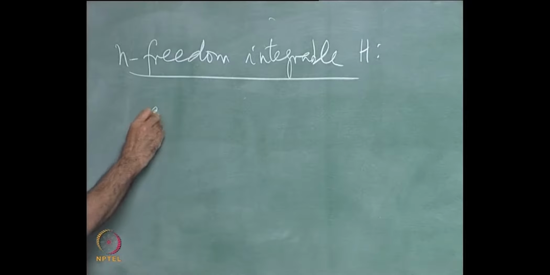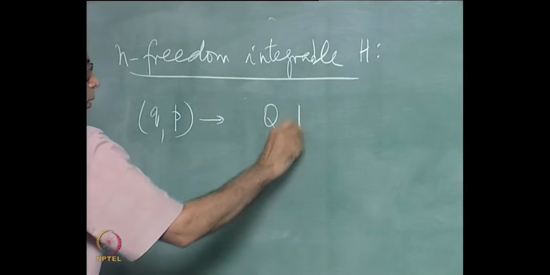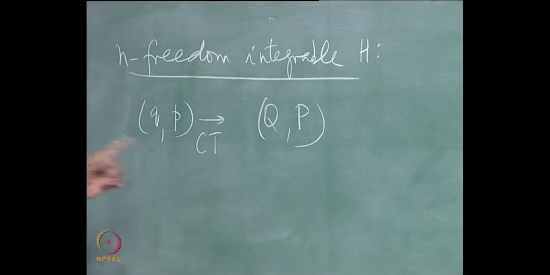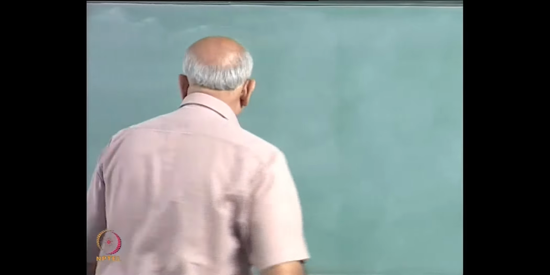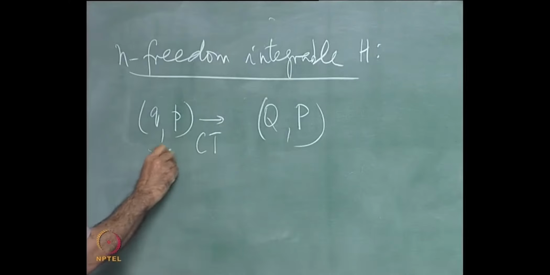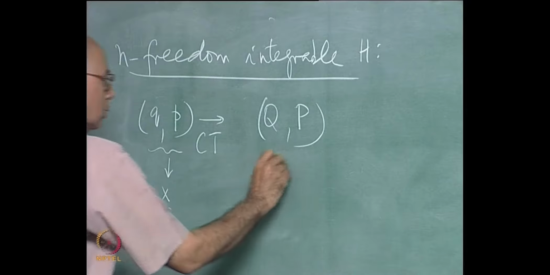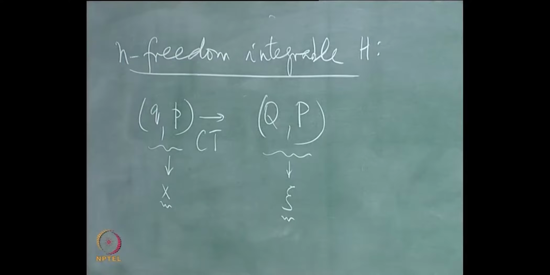So we start with a system with variables q, p, and you make a canonical transformation to a new set of variables capital Q and P. What does this do? What kind of transformation is it? Or if you like, if these q's and p's are combined into a phase space variable x, a 2n dimensional vector, then these could similarly be combined into a 2n dimensional vector xi.